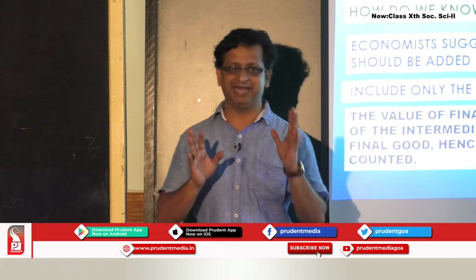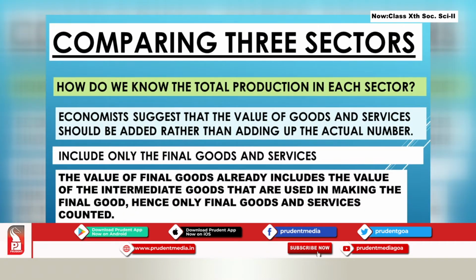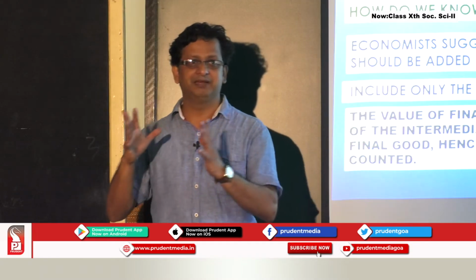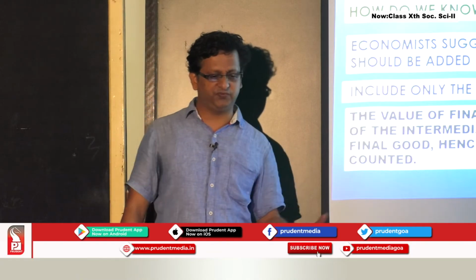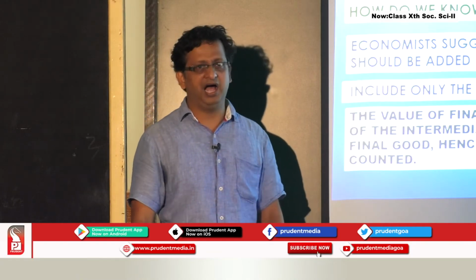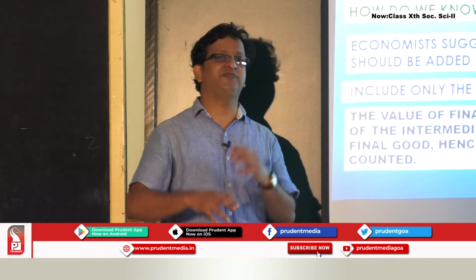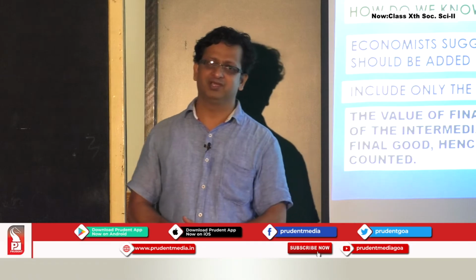Now how to compare these three sectors? The first thing we need to know is which sector is producing more, which sector is producing how many goods, and which sector is employing how many people. So let us focus first on production. How do we find out which sector is producing more?